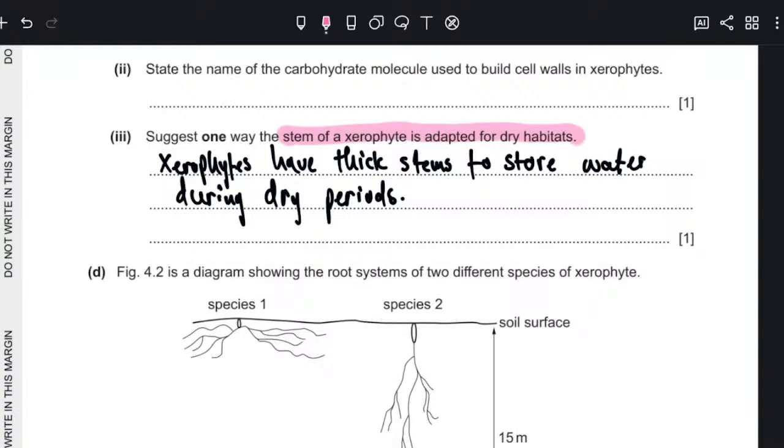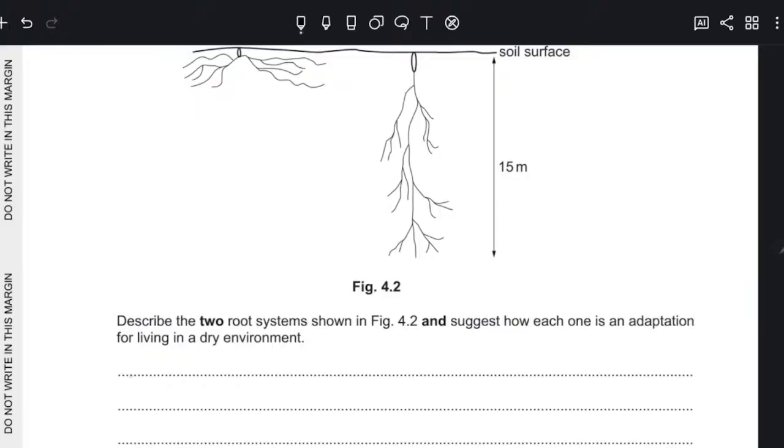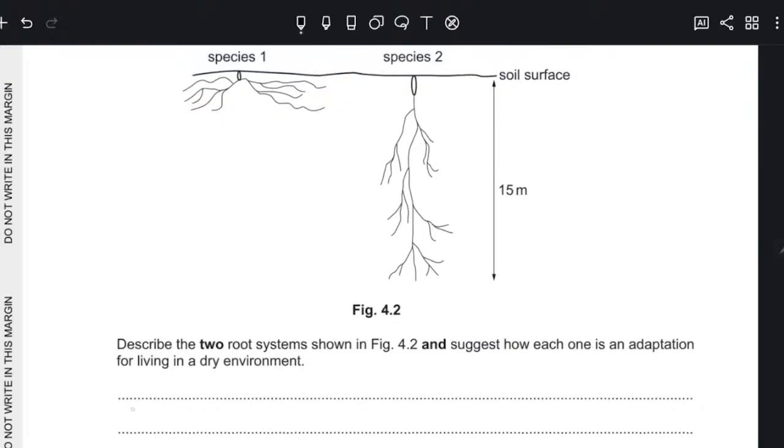Describe two root systems shown in here and suggest how each one is an adaptation for dry environment. Let's talk about the root systems. Species 1 has shallow roots, but they spread out wide.